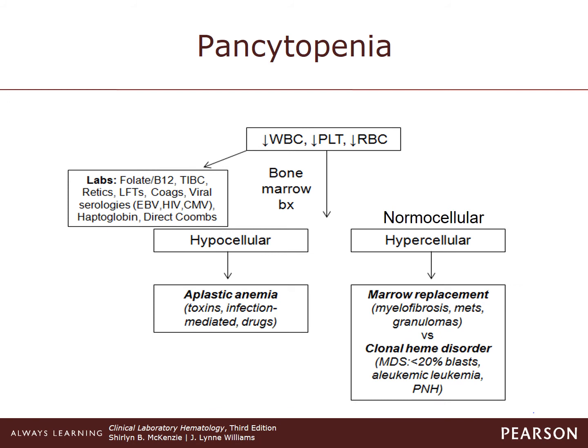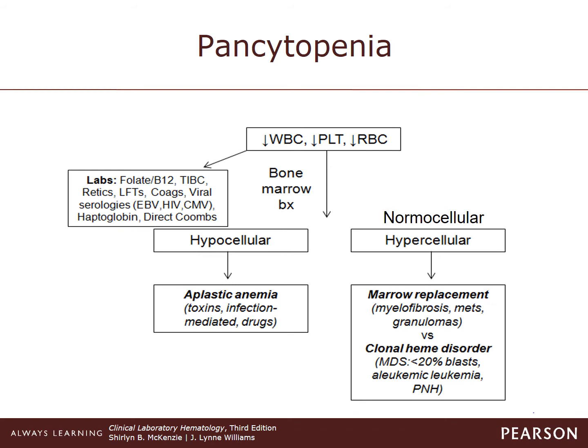It disrupts the architecture of the bone marrow, and usually anemia is present. Now here, the white cell counts and platelets can be decreased, but again, not to the aplastic criteria, and the production of the bone marrow is usually normal to hypercellular. You're going to see a lot in the peripheral smear of dacryocytes because they're trying to squeeze out of the bone marrow, or large and bizarre platelets.